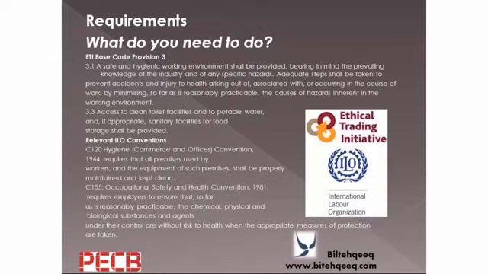A safe and hygienic working environment shall be provided, bearing in mind the prevailing knowledge of the industry and any specific hazard. Adequate steps shall be taken to prevent accident and injury to health arising out of, associated with, or occurring in the course of work. And the next is 3.1 access to clean toilet facilities and potable water.